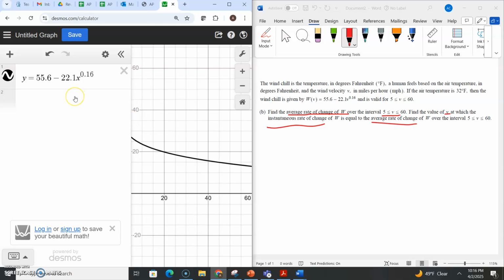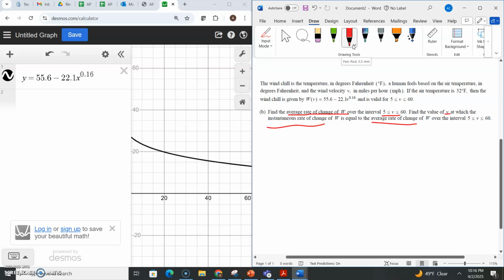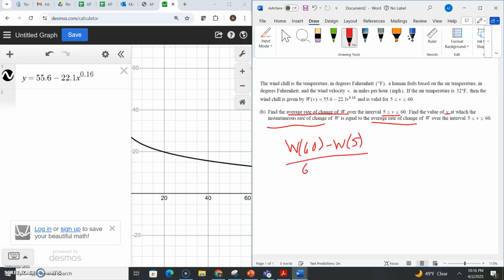And we want to know when the average rate of change, that is the slope, so W of 60 minus W of 5 over 60 minus 5, is equal to the instantaneous rate of change, that is the derivative.